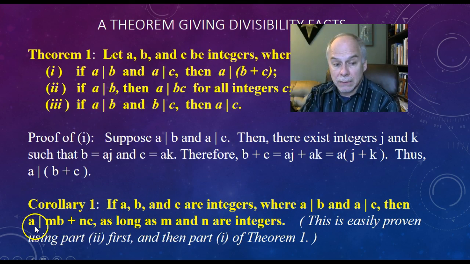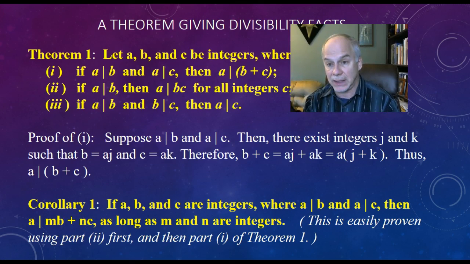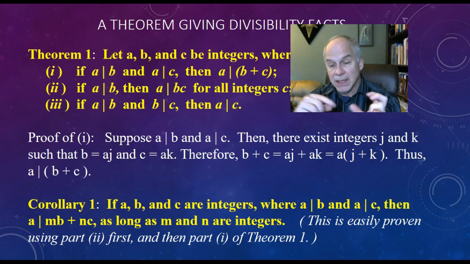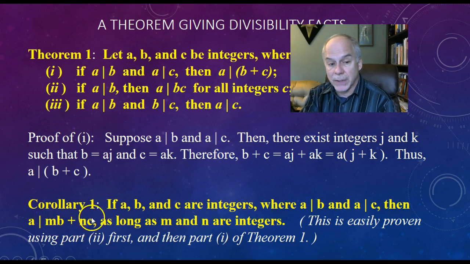So a is dividing what's called a linear combination of b and c. That mb plus nc is a linear combination of b and c, because you're taking a multiple of b added with a multiple of c, and you're adding that up, and that's called a linear combination.